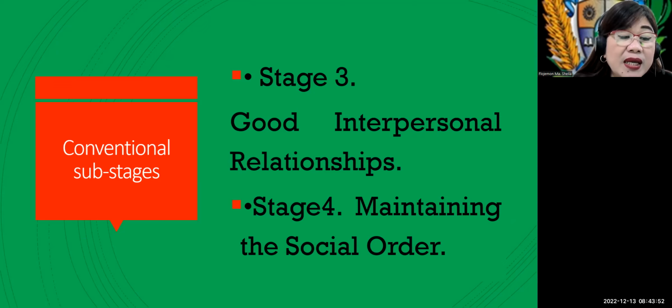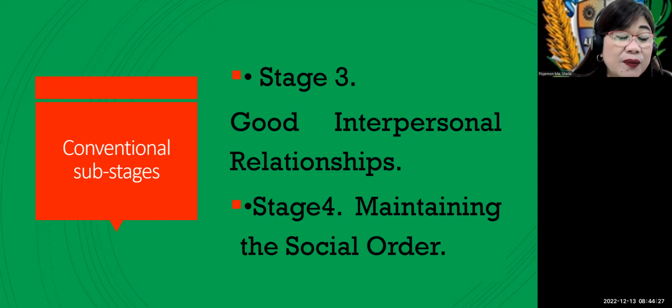Meaning that a person is only good because he is seen by others as a good person. Therefore, answers relate to the approval of others. Because they are seen to be a good person, other people also give approval that this person is good.